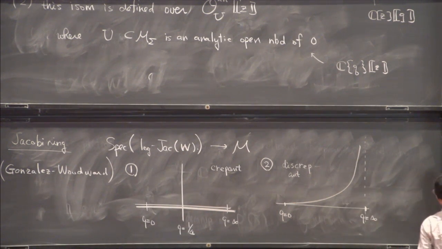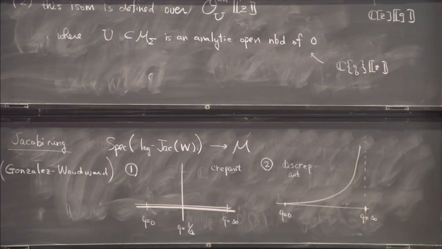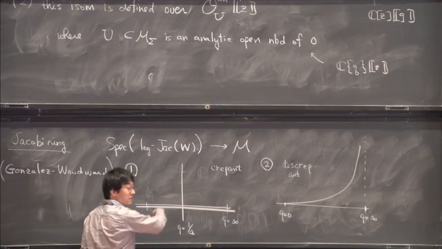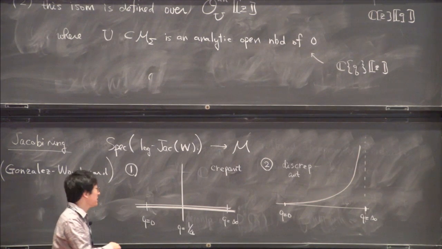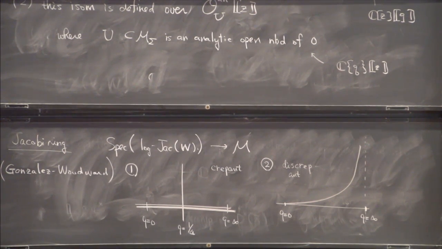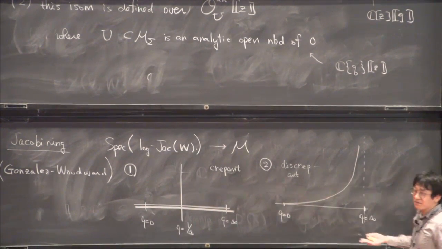Now for the more general case, I take a similar picture when you take a curve inside. At Q equals 1/4, I think every point is a critical point, or at least you have continuously many critical points, so the Jacobian ring is infinite dimensional.